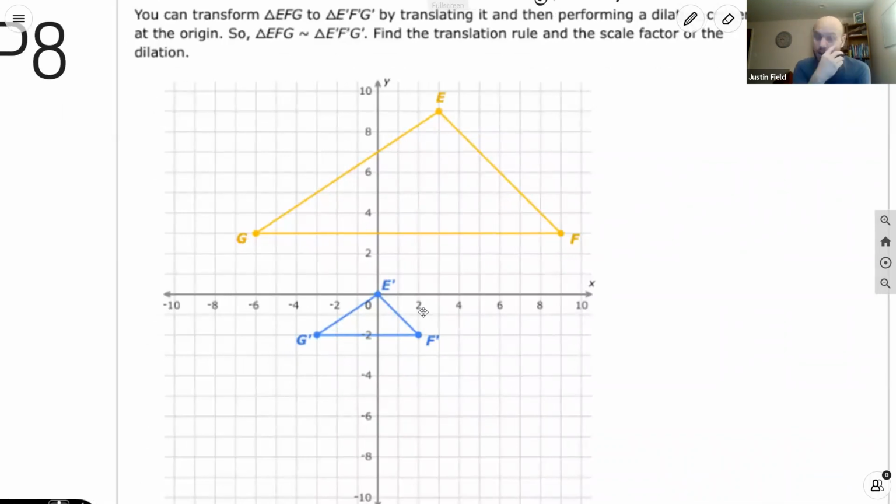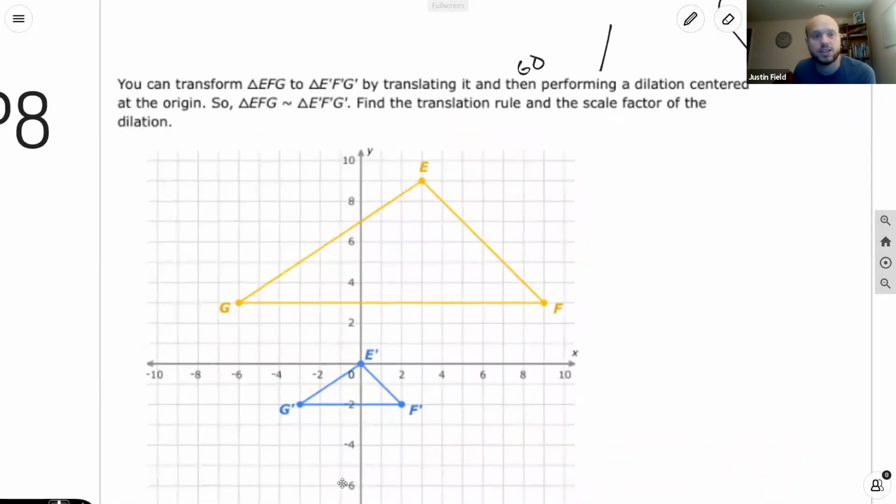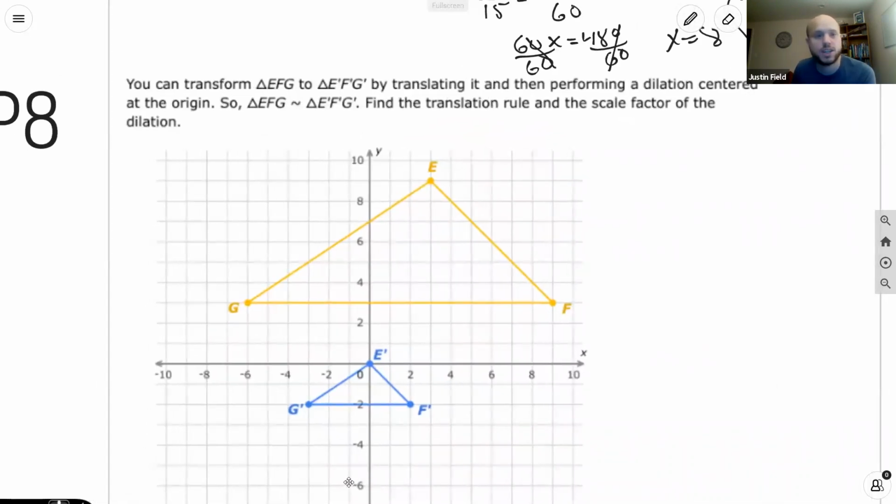All right, so now P8 is connecting similarity and transformations. So similarity is really just dilations, right? Size changes. You can transform EFG to E prime, F prime, G prime by translating it and then performing a dilation centered at the origin.